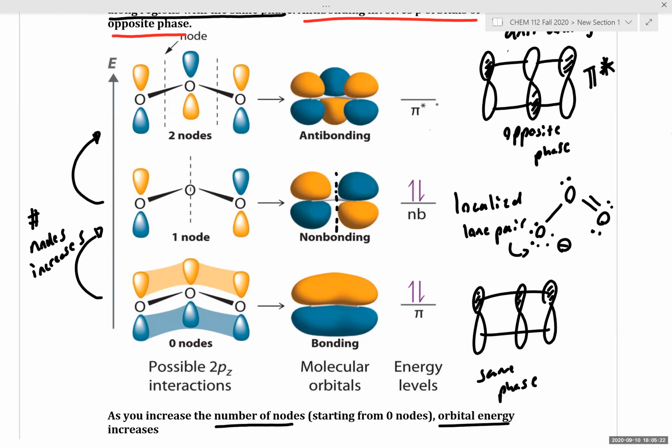That's what non-bonding molecular orbitals are trying to describe. And the more nodes we observe, the more regions where we do not observe overlap between our p orbitals in our pi system, the higher in energy our orbital becomes. Does that make sense to everyone?